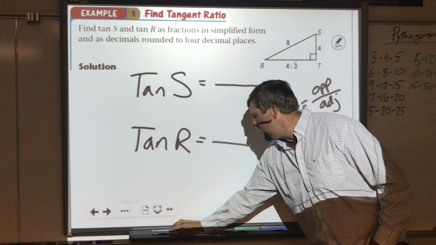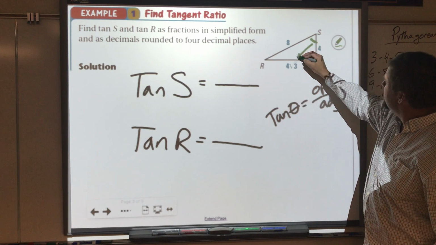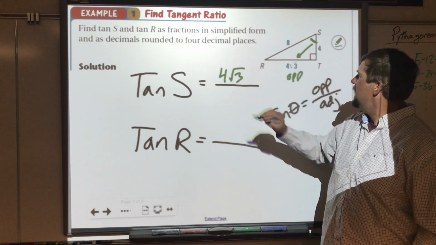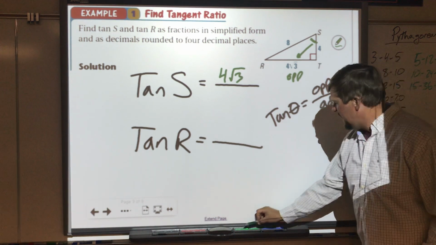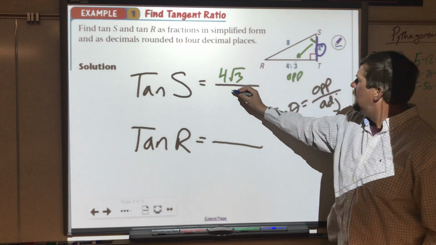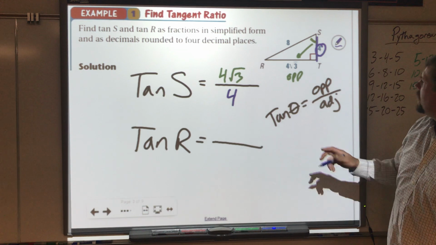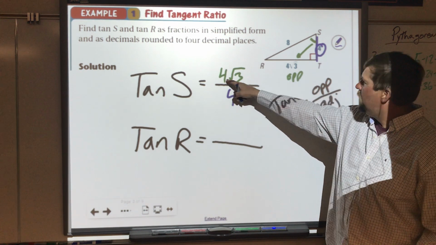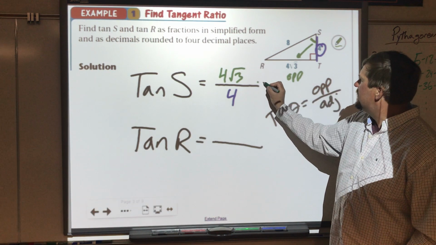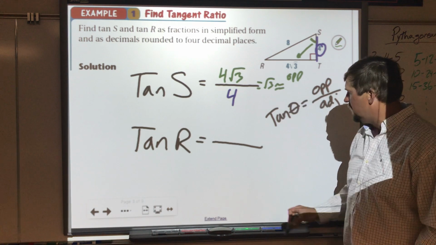So when we are looking at S, the opposite leg is here, 4 square root of 3. The adjacent leg is 4. So we put 4 square root of 3 over 4, which of course just becomes the square root of 3, which is approximately a decimal. You could type that in the calculator.